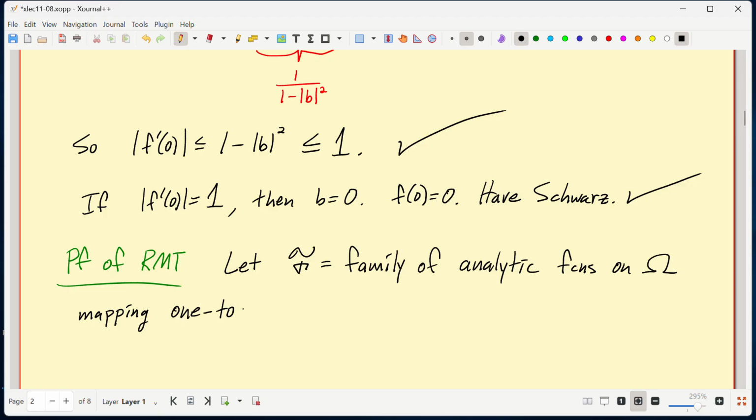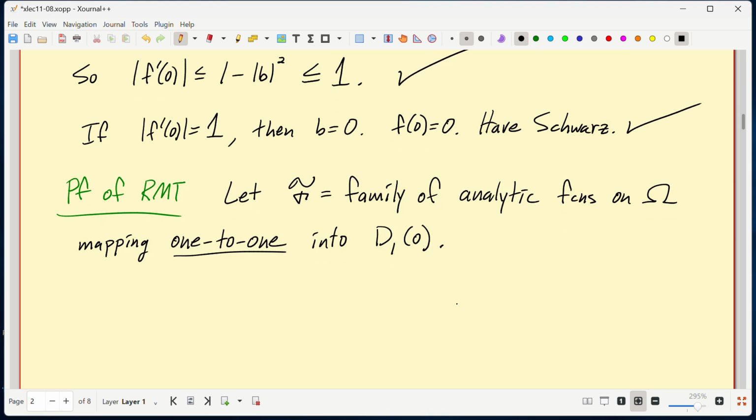That's going to greatly simplify the proof. To have these be one-to-one, then I can use Hurwitz. Mapping one-to-one into, not onto, but into the unit disk. Our lemma above implies that script F is not the empty set.